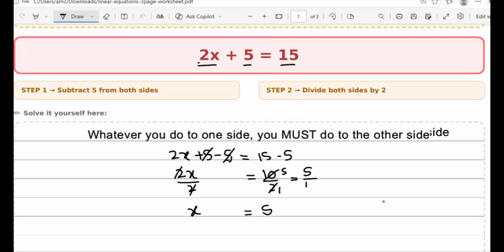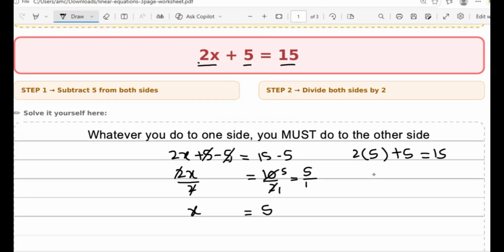Now we can check whether our answer is correct or not. To check it, we put this value of x in the equation. So we have 2, we put 5 in the place of x, plus 5 is equal to 15.